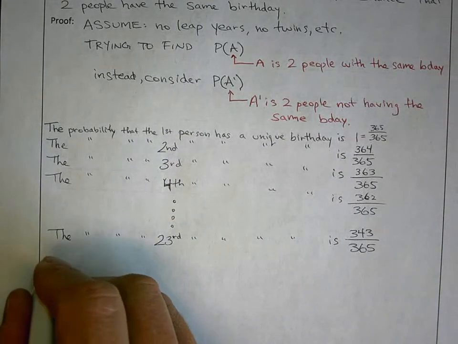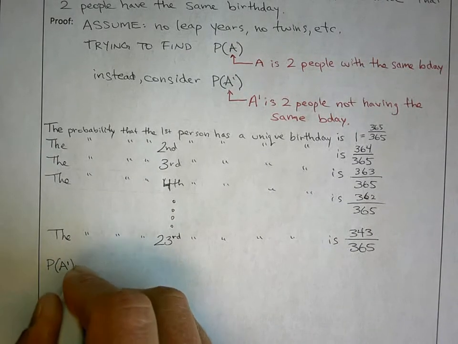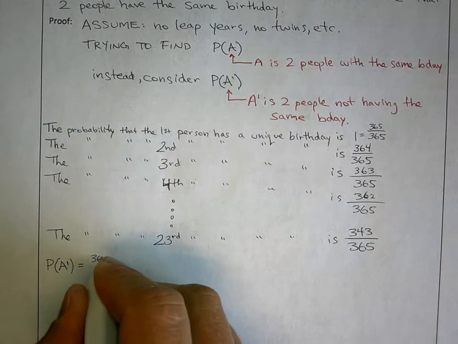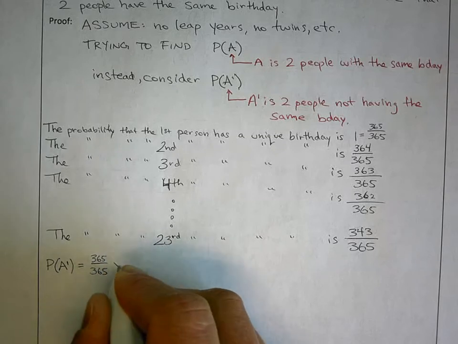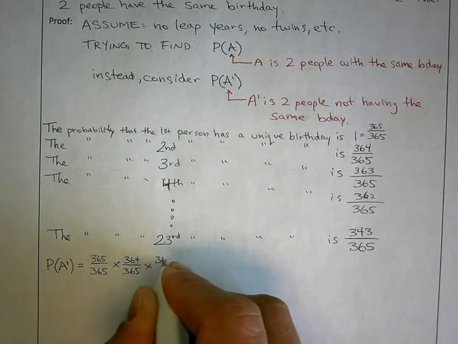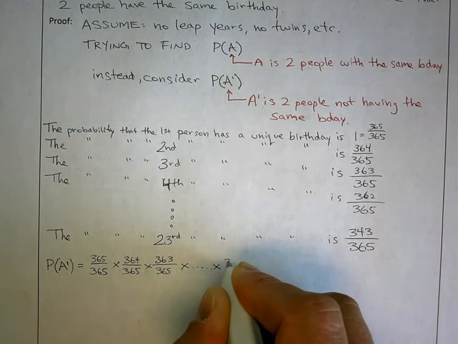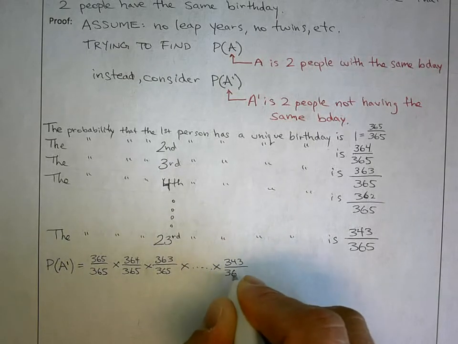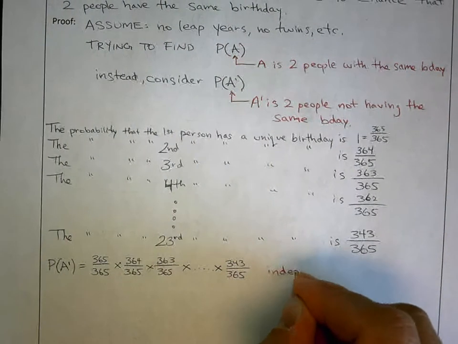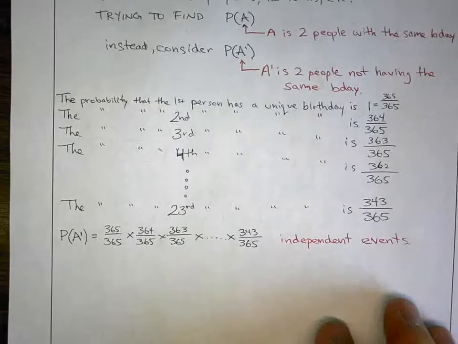So the probability of everyone having unique birthdays, all different, would be, for the first person, 365 over 365, times the probability of the second event, that the second person has their own birthday, times the third, times et cetera, all the way up to 343 over 365. We can do this because these are all independent events. One birthday doesn't affect the other.